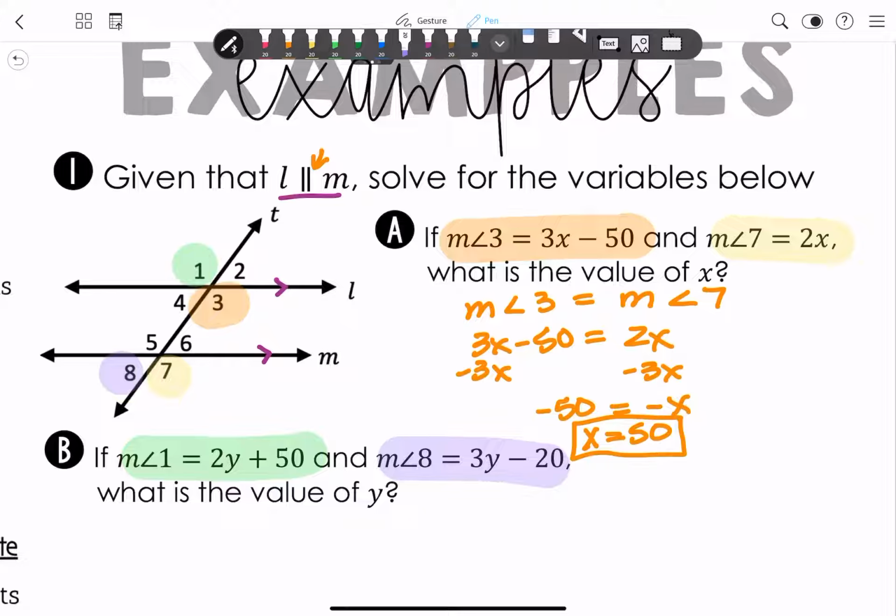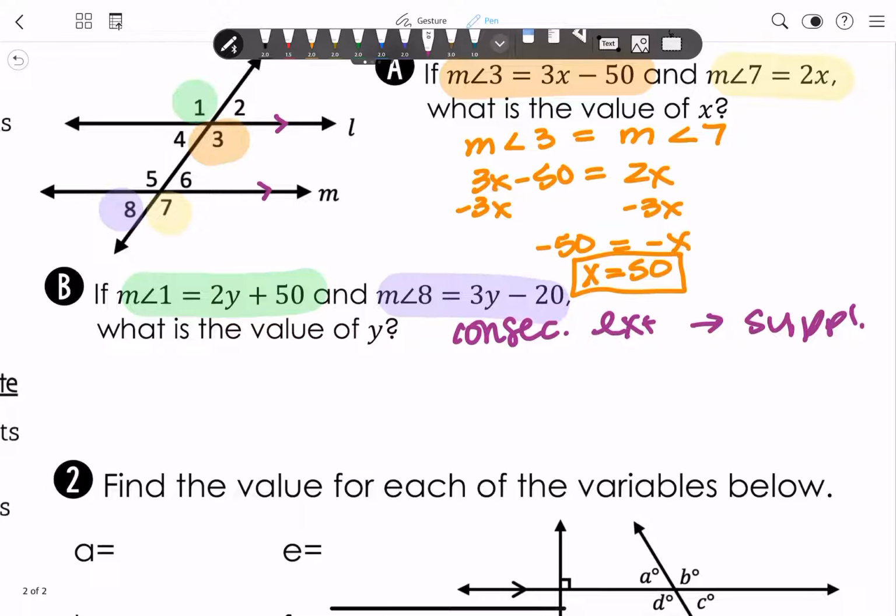And you'll notice, actually, that these are our same side exterior, or consecutive exterior, which means, because both of these lines are parallel, we can say that they are supplementary. And that means the measure of angle 1 plus the measure of angle 8 is going to equal 180 degrees.